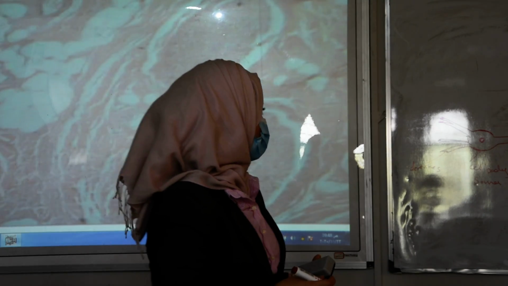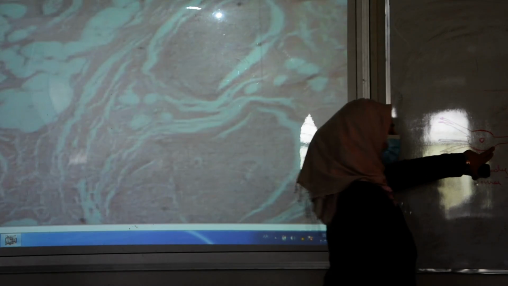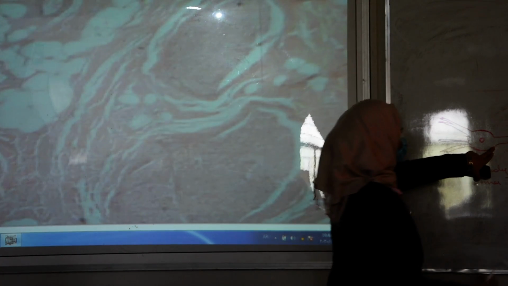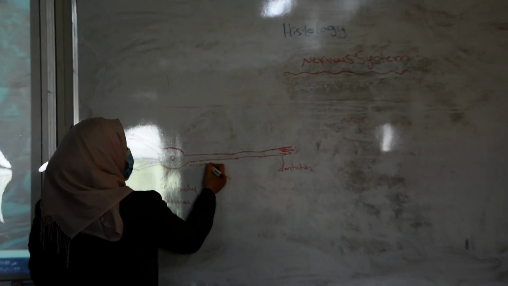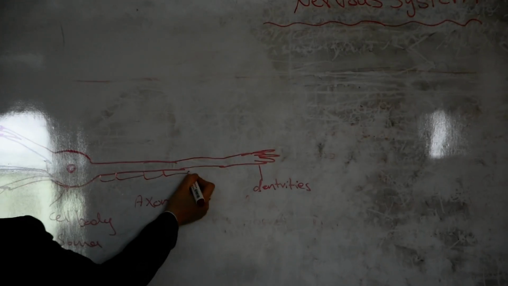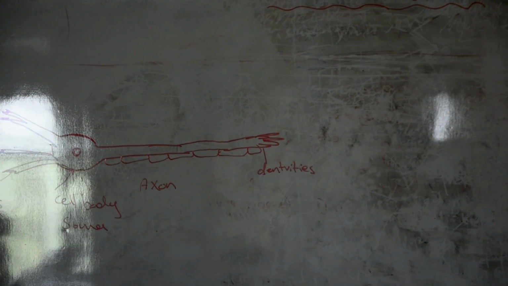Now the oligodendrocyte and the Schwann cells. When we talk about the central nervous system, the axon of the neuron is covered by a myelin sheath. Some neurons are not myelinated.